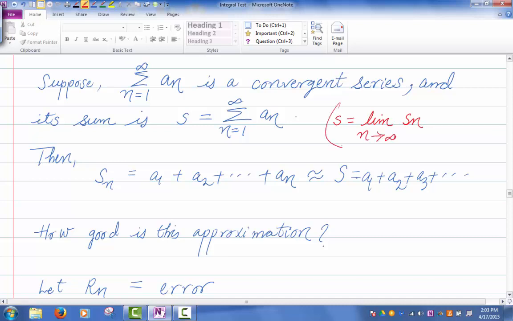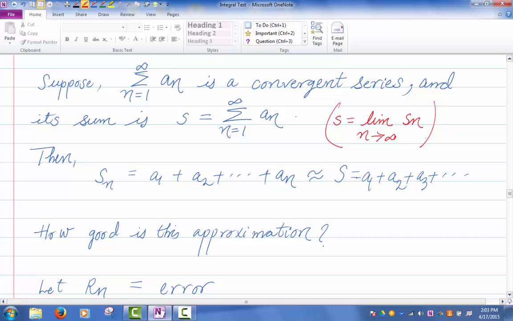That's the meaning of s. So that's the sum of the series, and we are going to estimate the sum s by the nth partial sum. So Sn is a1 plus a2 dot dot dot an, the sum of the first n terms, and we are using that as an approximation to the sum of the entire series, right?